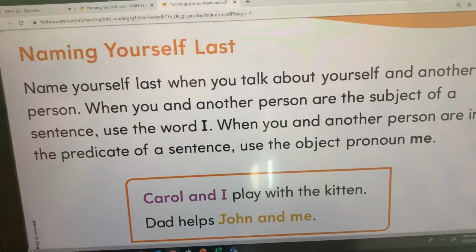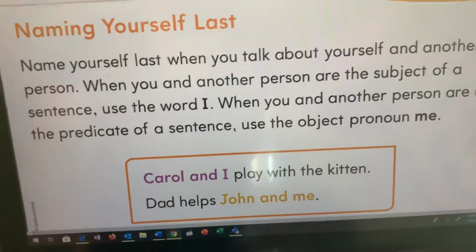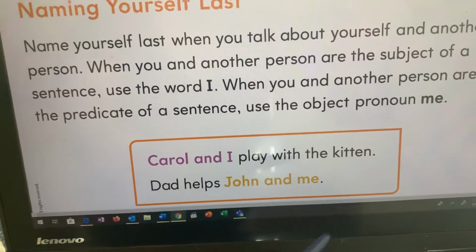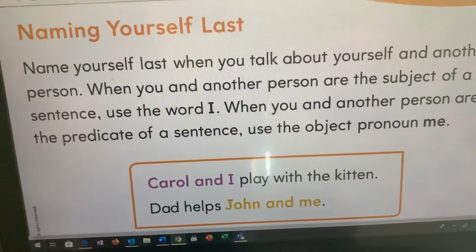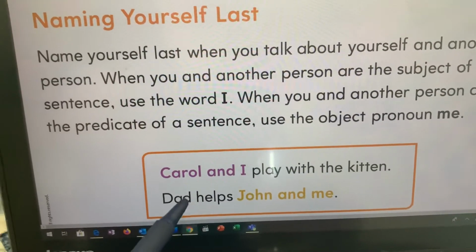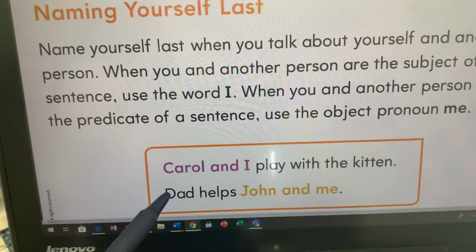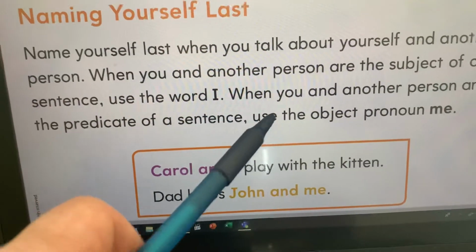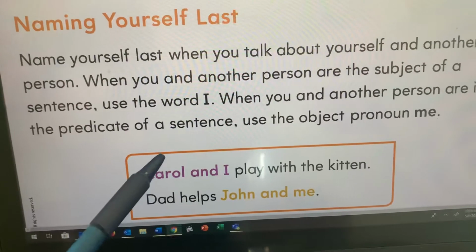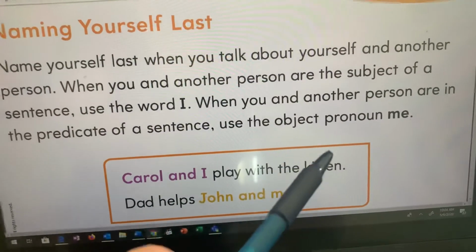When you and another person are in the subject of the sentence, like this, Carol and I play with a kitten, use the word I and it comes last. Carol will come first, or whatever name you have here, right? When you and another person are in the predicate of the sentence, use the object pronoun me.